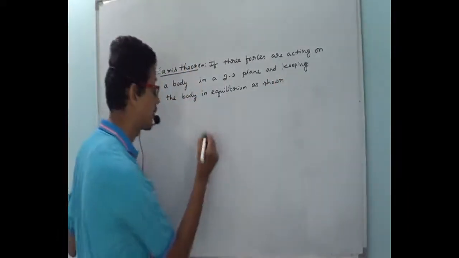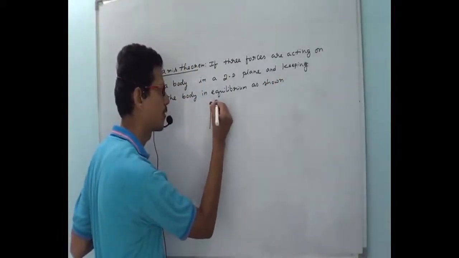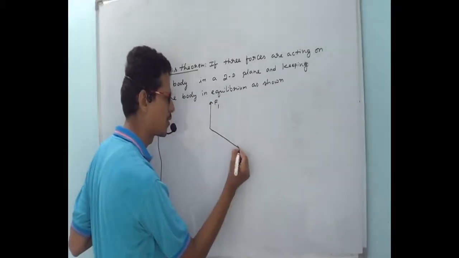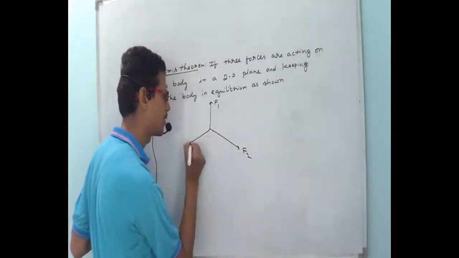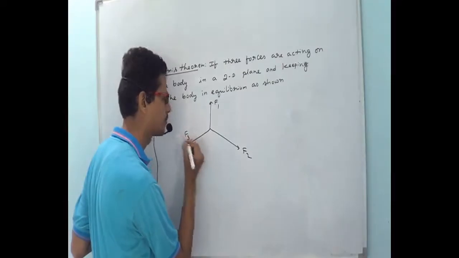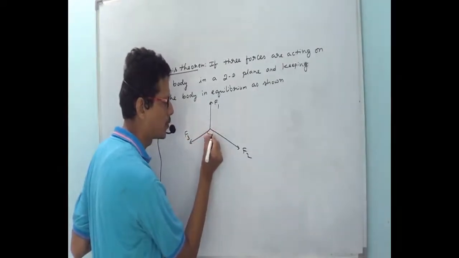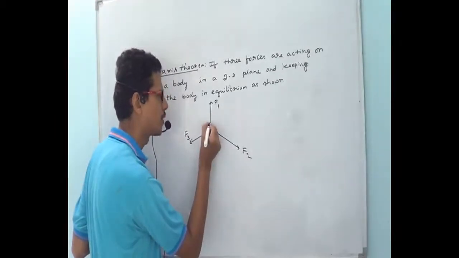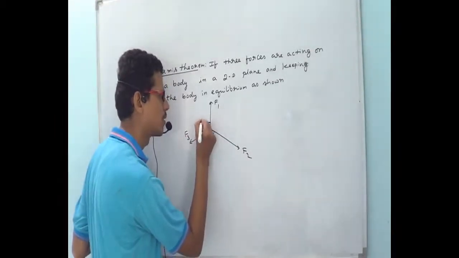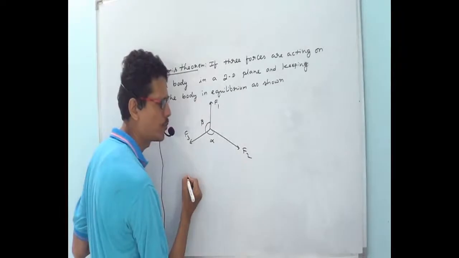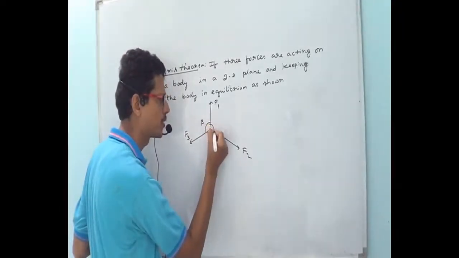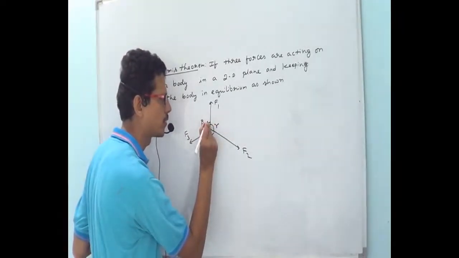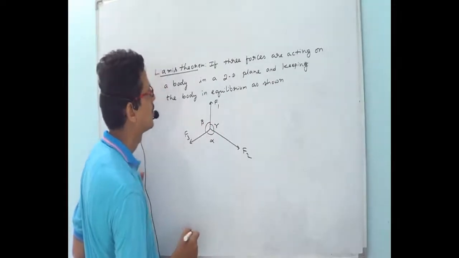So I have three vectors, three forces: F1, this is F2, and some other force that is F3. Opposite to F1 we have the angle alpha. Opposite to F2 is the angle beta. And this angle is gamma.